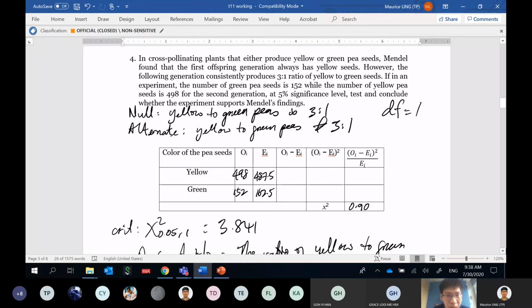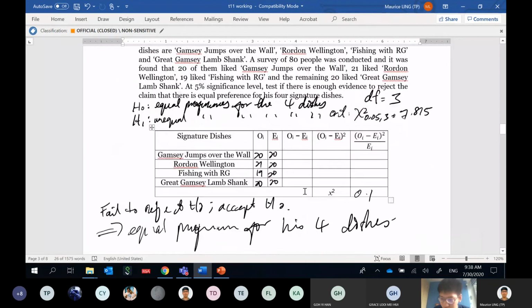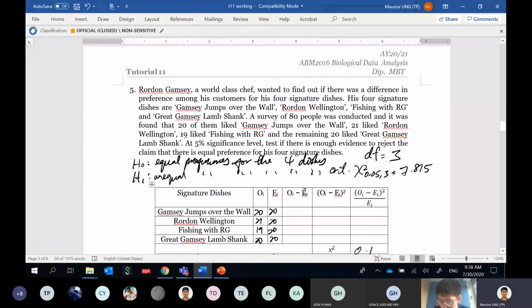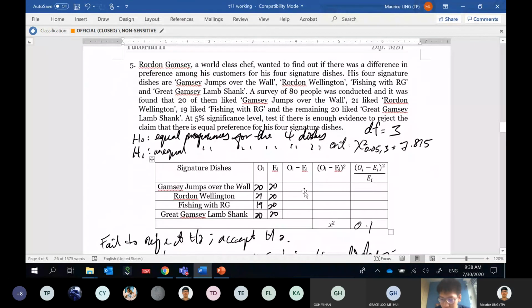And so, similarly, concerning question 5, when we are calculating the frequencies, we employ the same method we did for question 3 to calculate the expected frequencies, which are 20, 20.